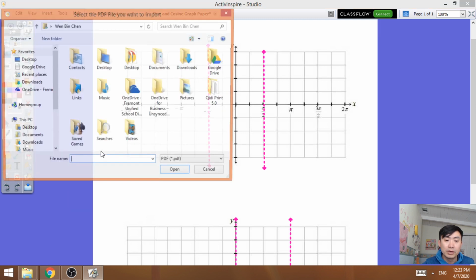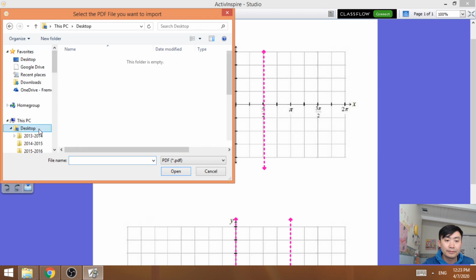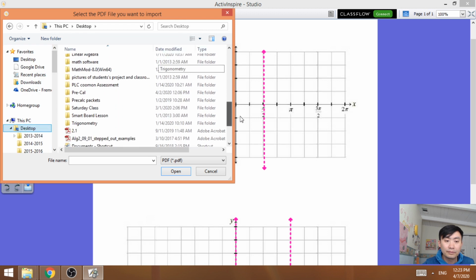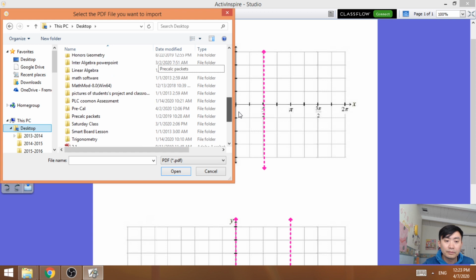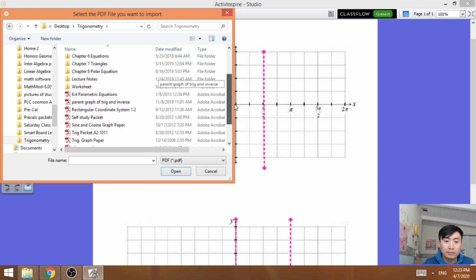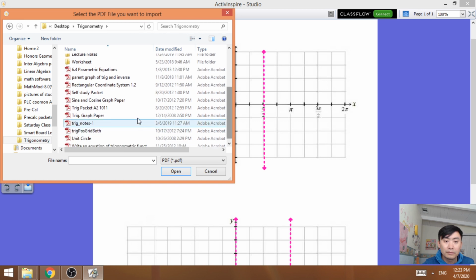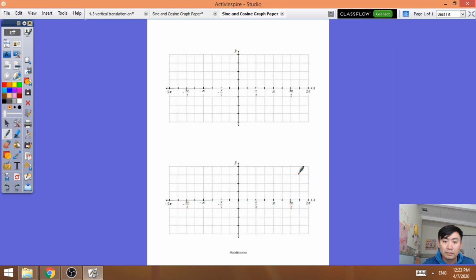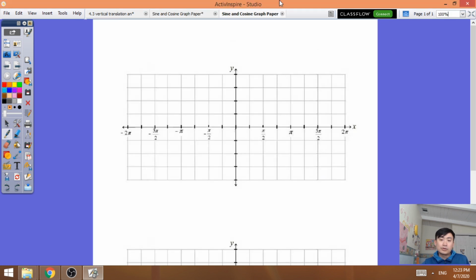Okay, so just give me 1 sec. Now, what about the parent graph of secant and cosecant?